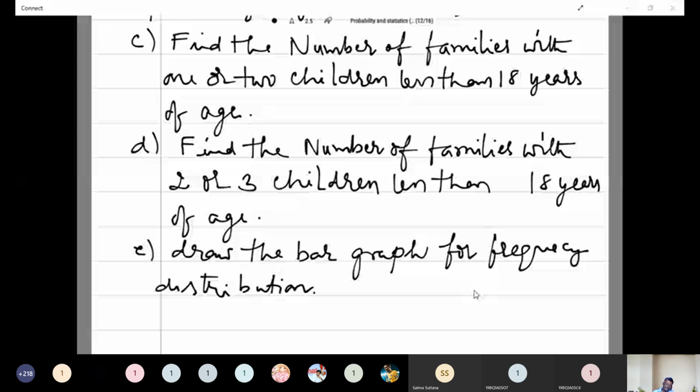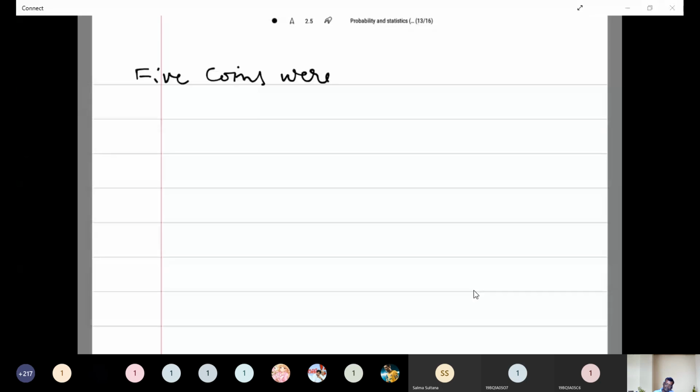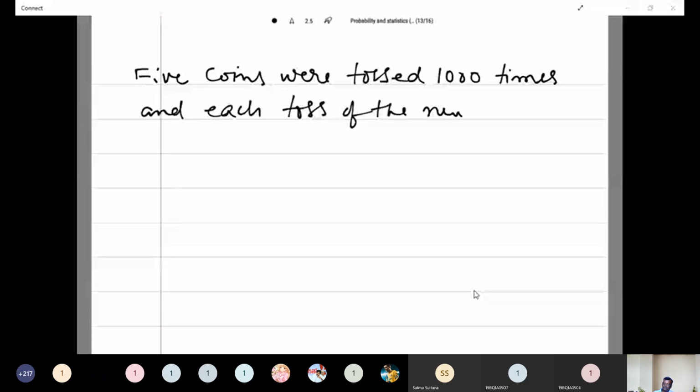5 coins were tossed a thousand times, and in each toss the number of heads was observed.